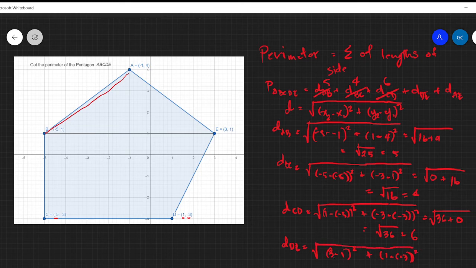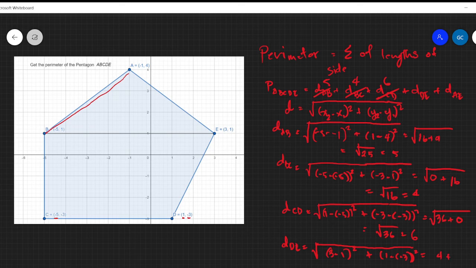So this will be 2, and 2 squared is 4. And we have minus minus, so that will be 3, wait, 4 times 4, that will be 16.